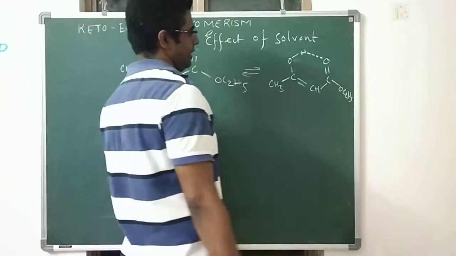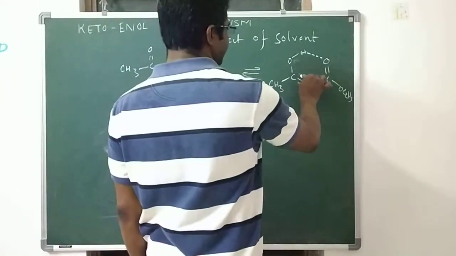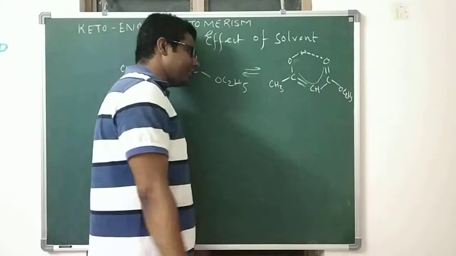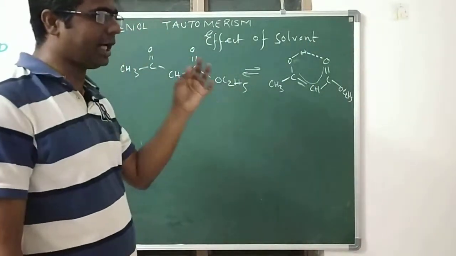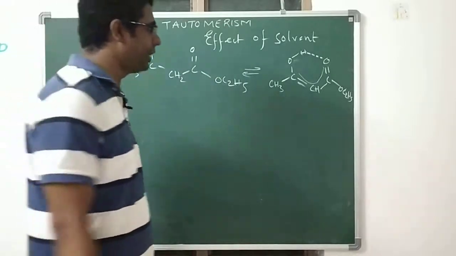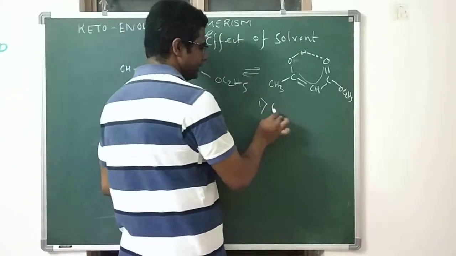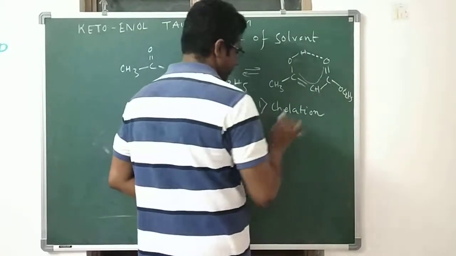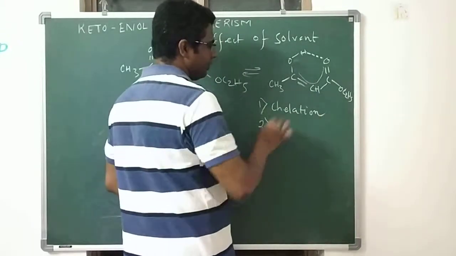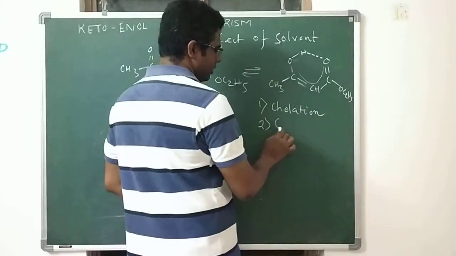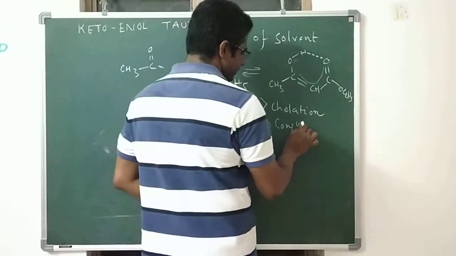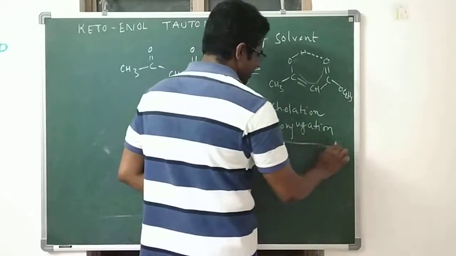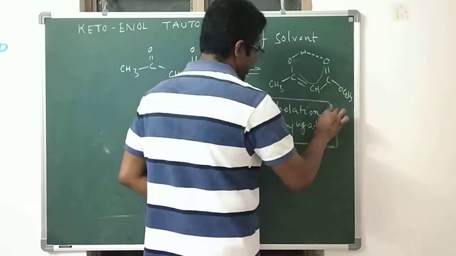Next, there is conjugation over here. So there are two factors which are increasing the stability of enol content. Number one, chelation, intramolecular hydrogen bonding. Number two, this one, conjugation. तो आपको ये चीज दिमाग में रखना है, ठीक है?